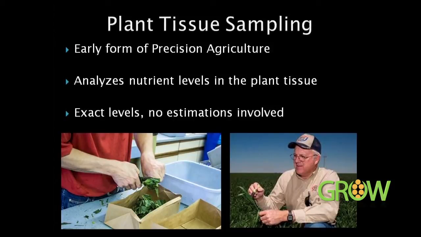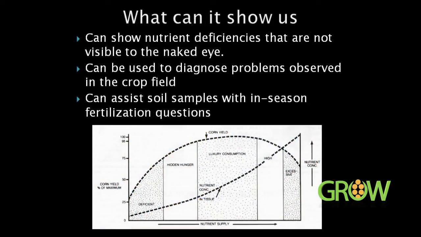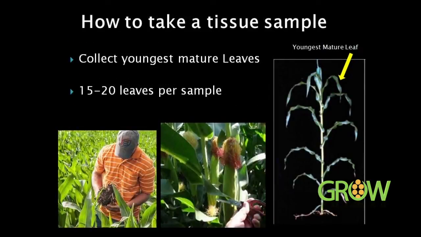And why this is important is when you're out field scouting, you are looking at the color of the plant or looking for different symptoms that might show a deficiency. So you're basically making an estimation. I think it's deficient in phosphorus or deficient in nitrogen. Well, to know that for sure, you take those samples in the lab and they test it and let you know. Absolutely. So that's the thing, no estimations involved.